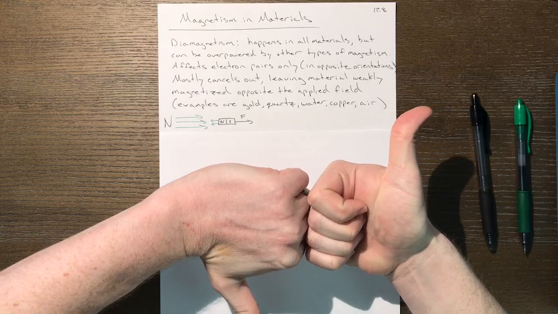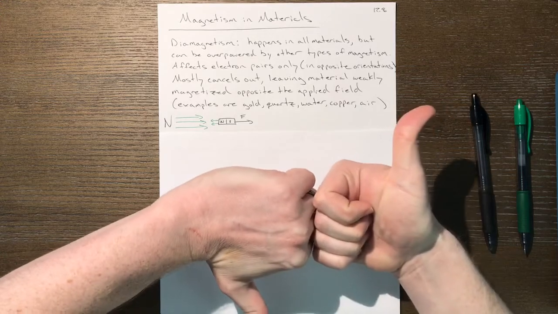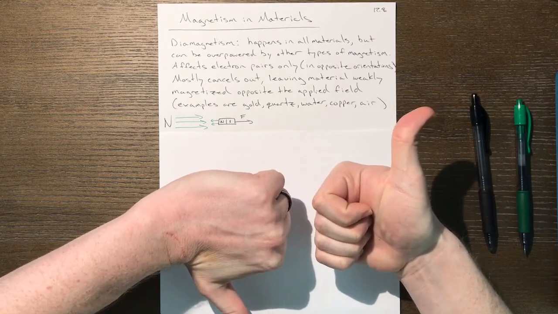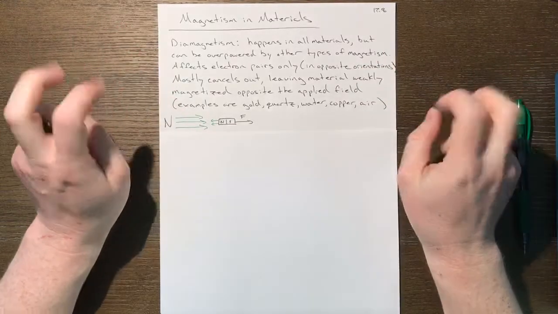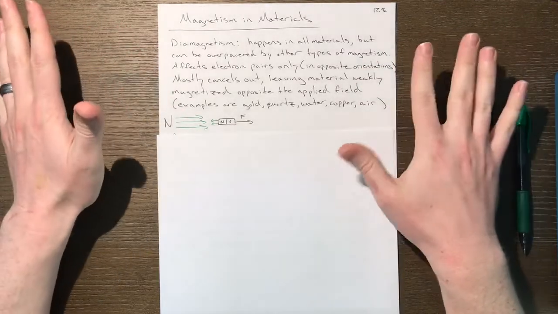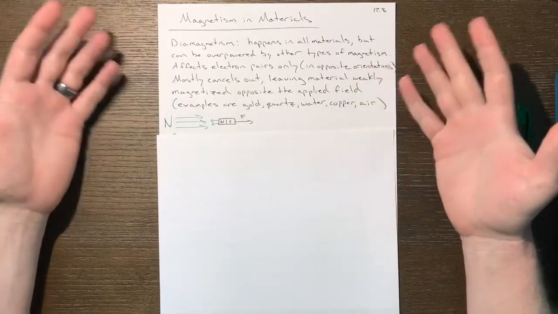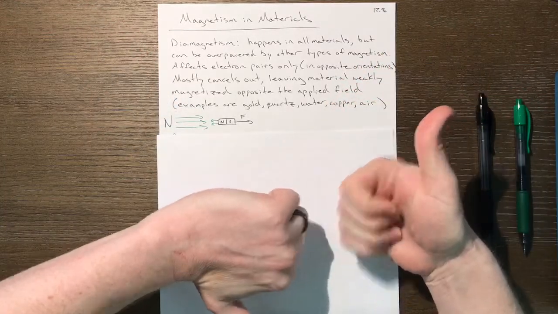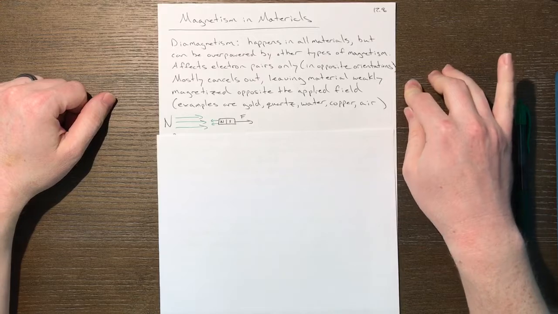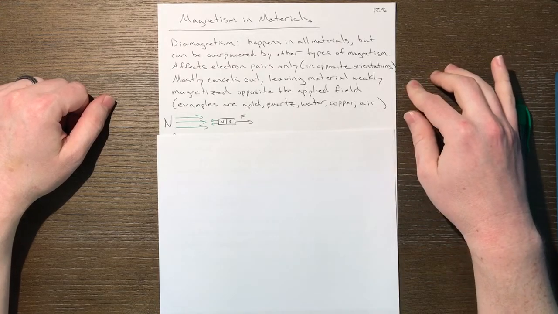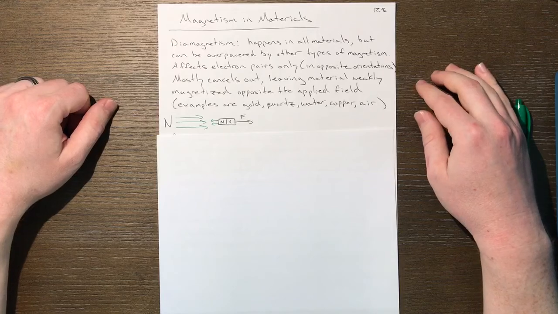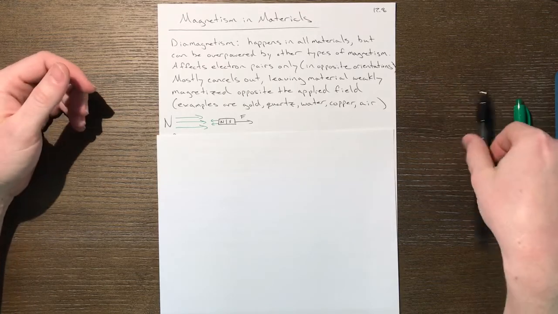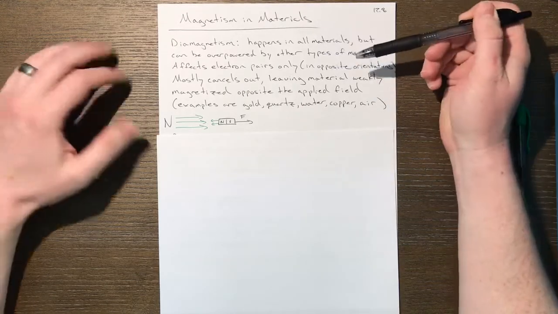So it only affects those electron pairs that have bonded together in opposite directions, which have left them with very little magnetic moment. But don't worry about that. You can think of it just as roughly canceling out. That leaves the material weakly magnetized, and it magnetizes in such a way as to oppose the applied field. Examples of these things are gold, quartz, water, copper, and air.